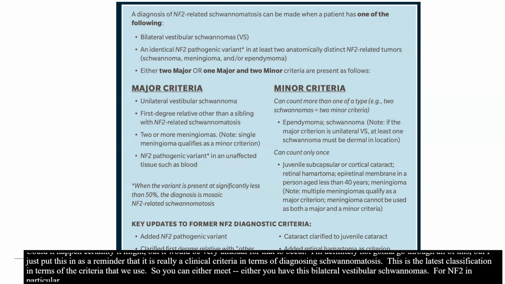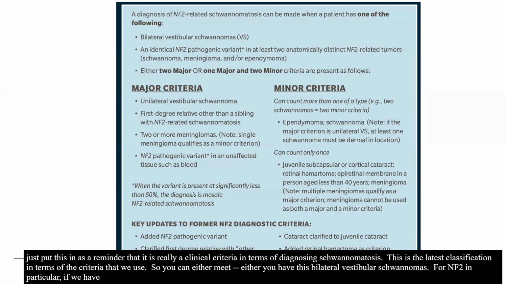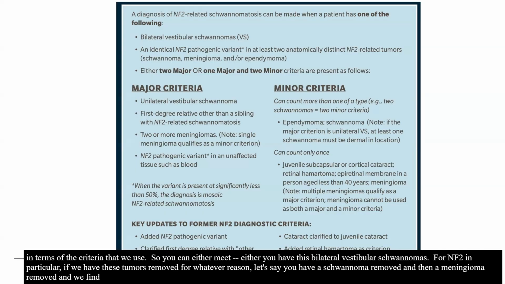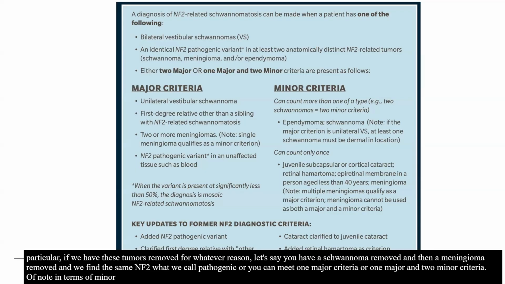If we have these tumors removed for whatever reason, let's say you have a schwannoma removed and a meningioma removed, and we find the same NF2 pathogenic variant, which is our fancy way of saying mutation, then that can really help make that diagnosis. Or you can meet two major criteria, as you can see here, or one major and two minor criteria. Of note, in terms of minor criteria, you can count, for example, ependymomas and meningiomas more than once to really help make that diagnosis as well.